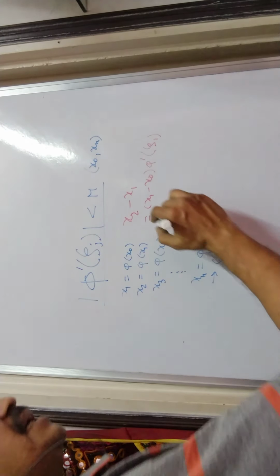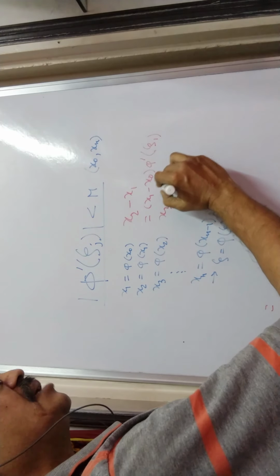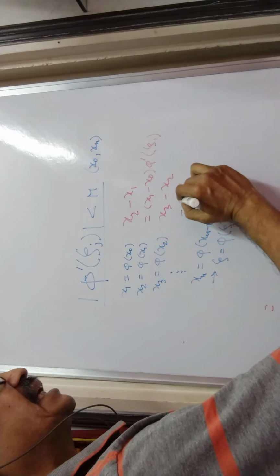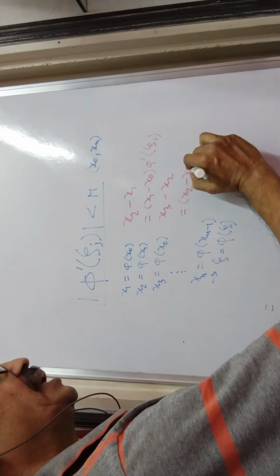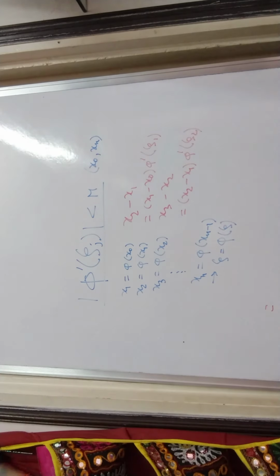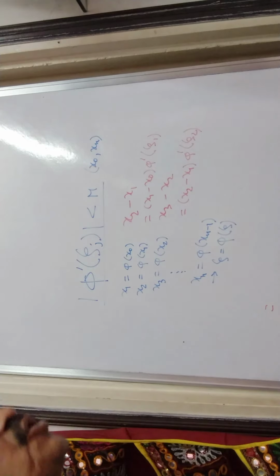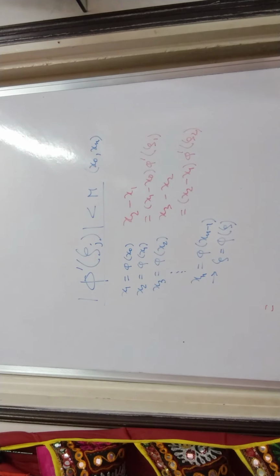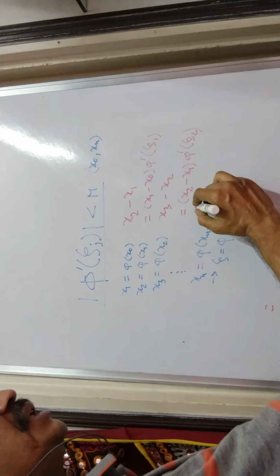Next step is x3 minus x2, which is nothing but x2 minus x1 into phi prime zeta 2. Isn't it so? Now what is x2 minus x1? It is nothing but x1 minus x0 into this.